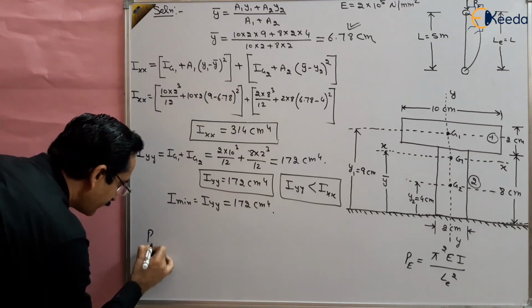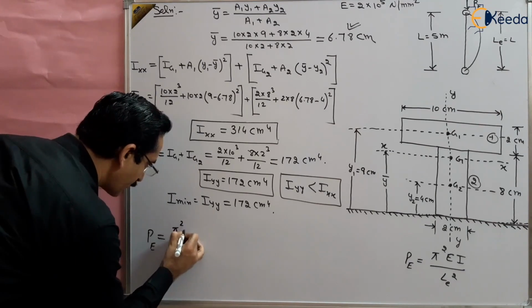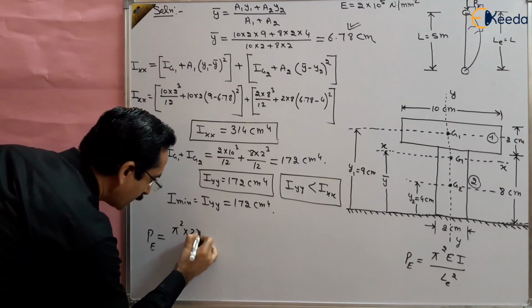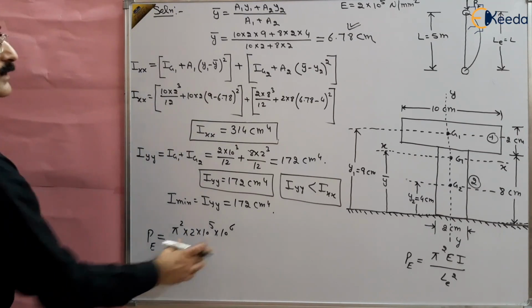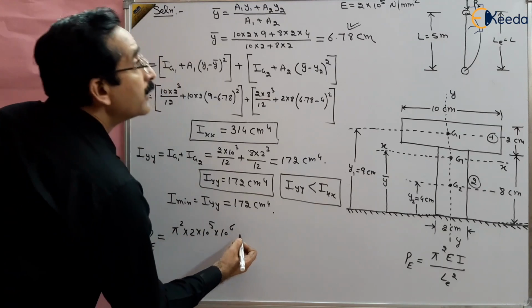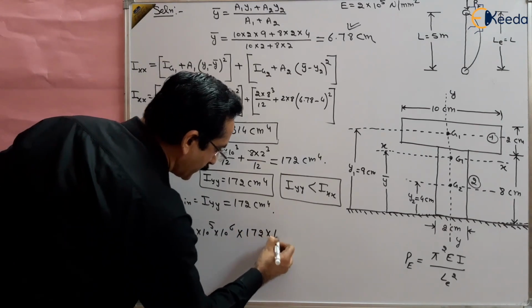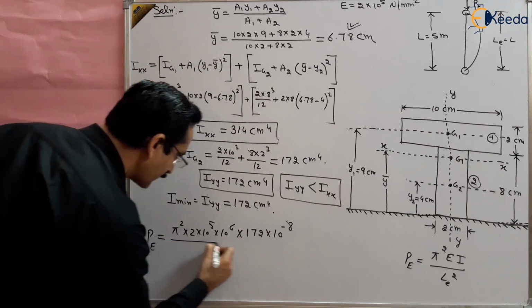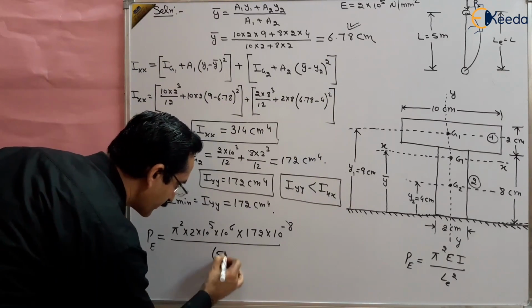Now the safe load can easily be found using the formula: pi square multiplied by E, which is given to us as 2 into 10 to the power 5, multiplied by 10 to the power 6 to make it Newton per meter square, the SI unit, multiplied by I, 172 multiplied by 10 to the power minus 8 to make it meter to the power 4, divided by the effective length, which is 5, square.